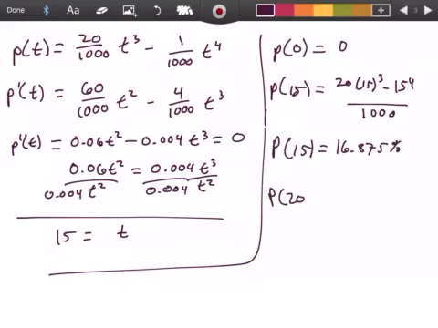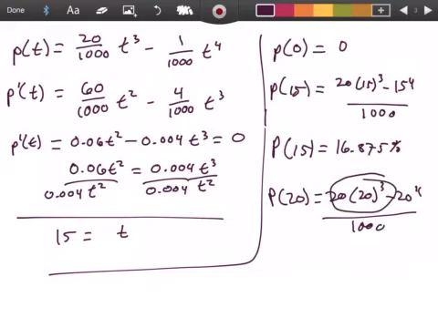Now P of 20, 20 times 20 cubed minus 20 to the fourth over 1,000. Well, 20 times 20 cubed is 20 to the fourth. 20 to the fourth minus 20 to the fourth is 0. So, lo and behold, the right endpoint is a sudden drop-off in the percentage of infected population.